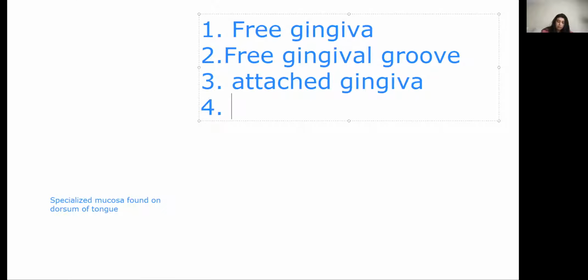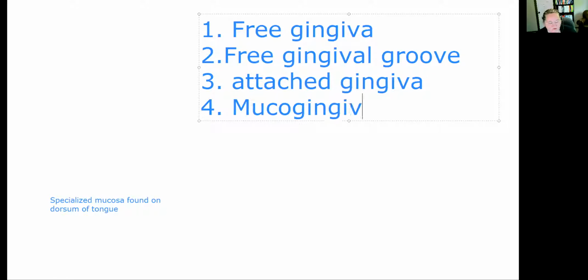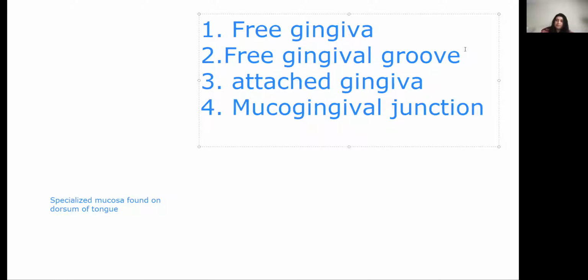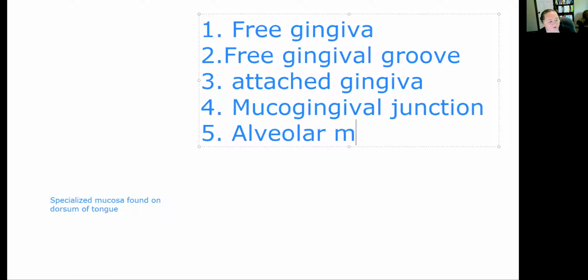The mucogingival junction, right? And then last but not least, we're going to have the alveolar mucosa. Okay, so that's the order from the crown to the junctional epithelium.